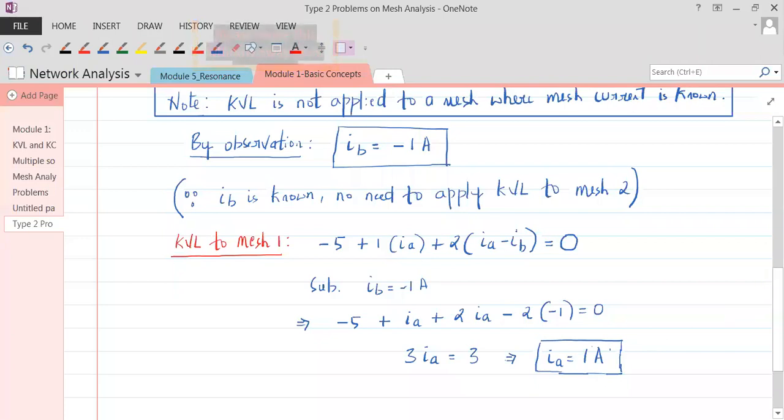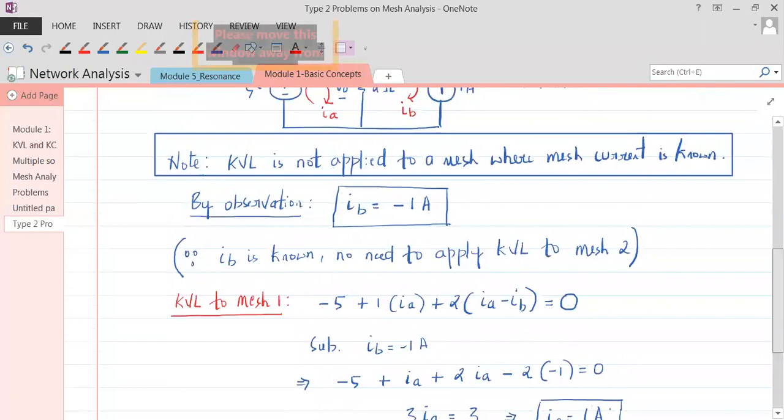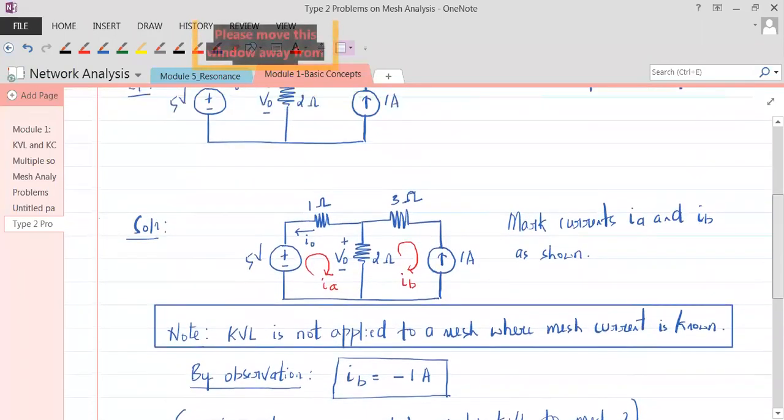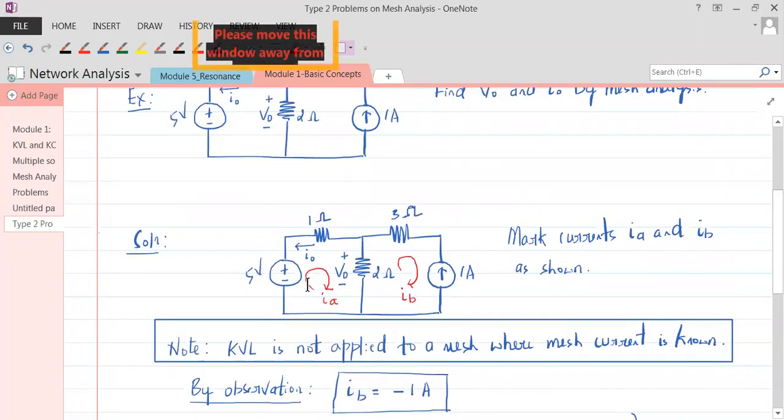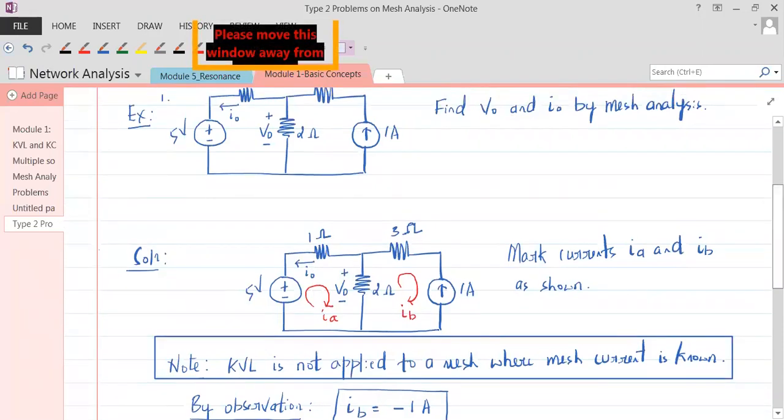Now, Zishan, just help me out. What is I0 in terms of the mesh currents? What can I express I0 as? Yeah, I0 is minus IA.